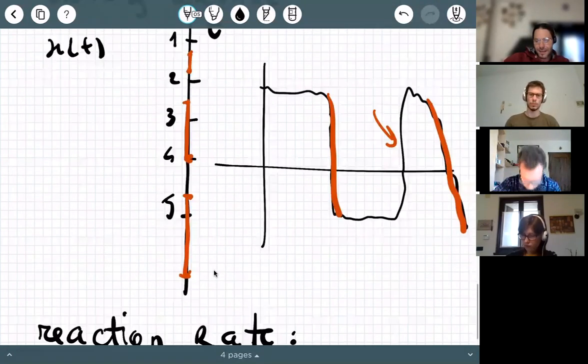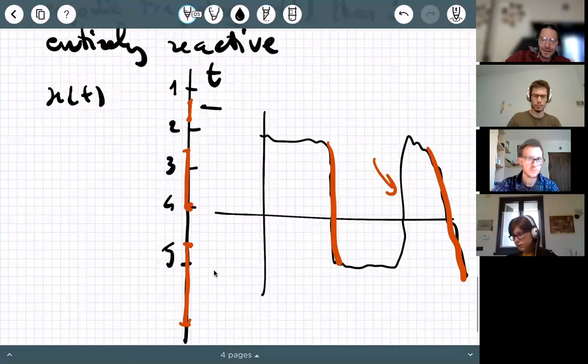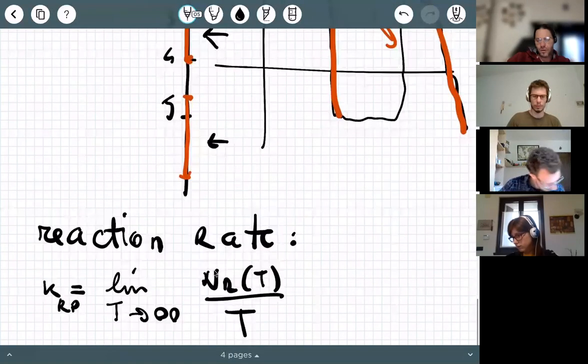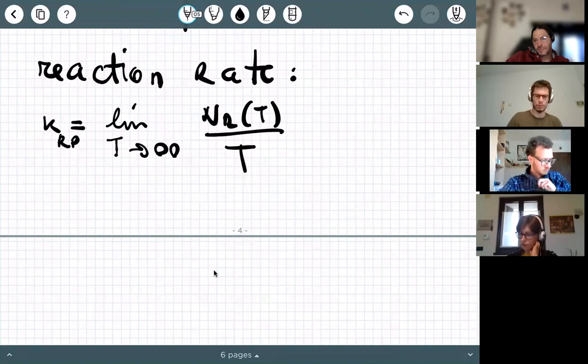So it's basically the density of the orange lines. It tells me how many reactive events I have per unit time. And of course, the limit as time goes to infinity is needed because I want the system to be ergodic. Okay?